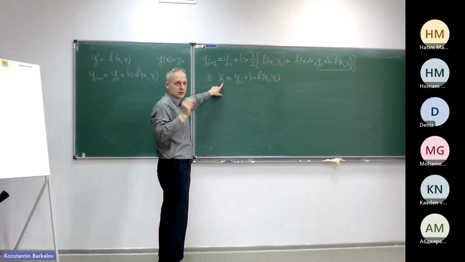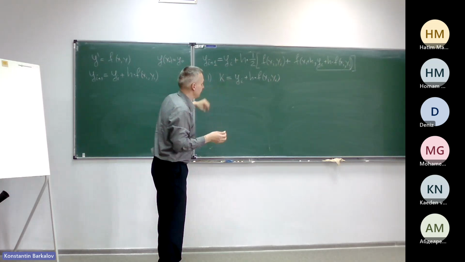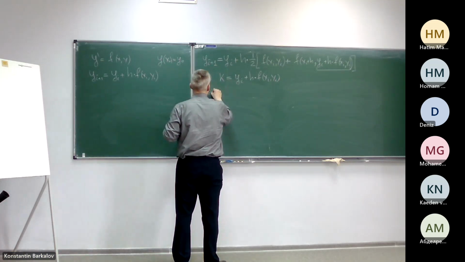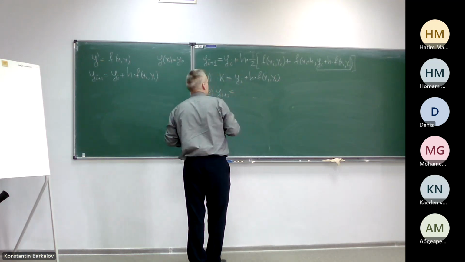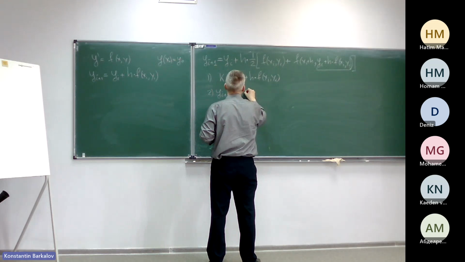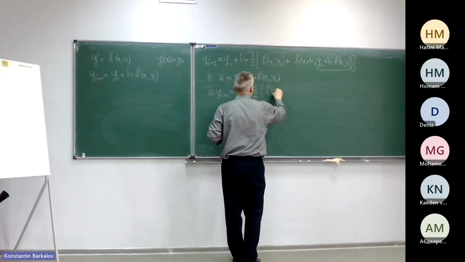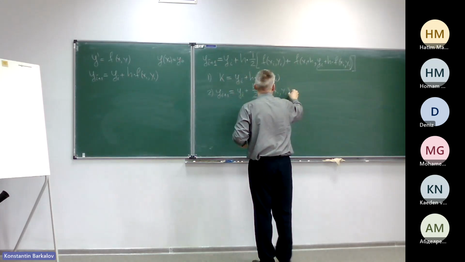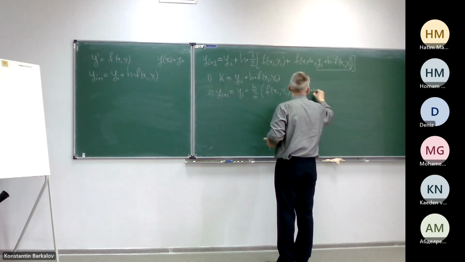I compute some intermediate value k. And the second step, yi plus 1 can be computed as yi plus h over 2 times f of xi yi plus f of xi plus h, k.